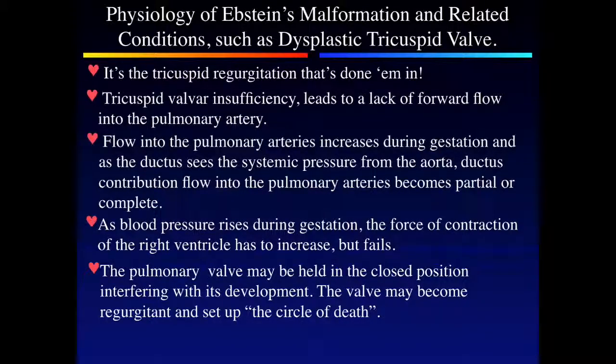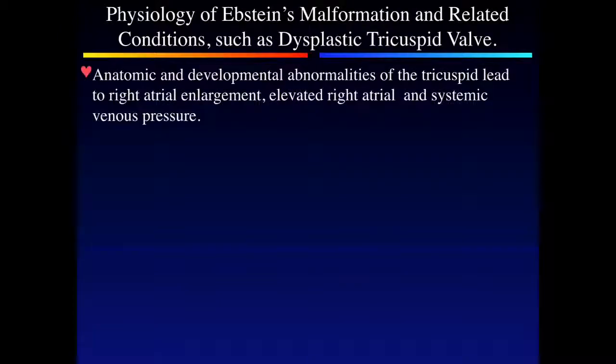And the pulmonary valve is either held in the closed position or has its development interfered with, and it may become regurgitant, and in fact the whole right ventricular outflow tract may become hypoplastic. So the anatomic and developmental abnormalities of the tricuspid valve lead to right atrial enlargement.